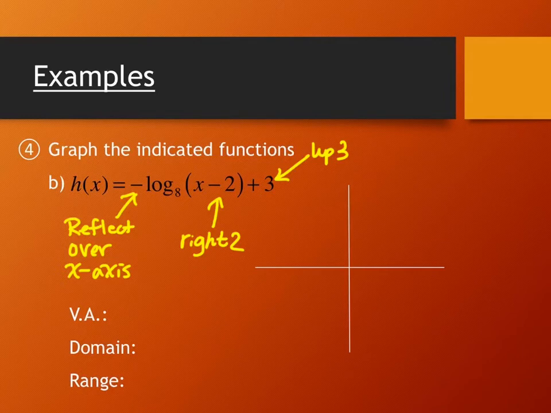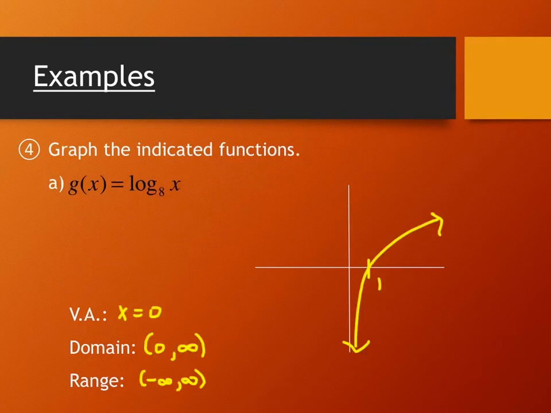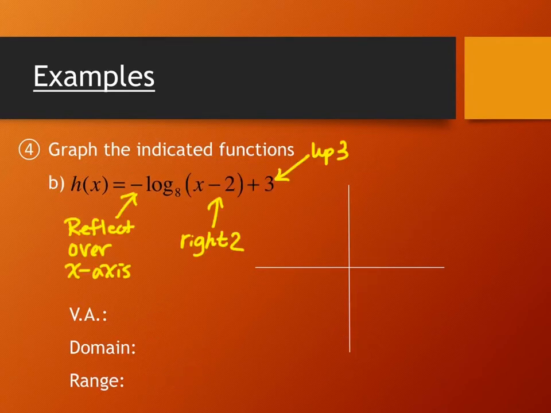If I were to take this graph and shift it right 2, it would also shift the asymptote, correct? Where would my new asymptote be? At x equals 2. And in fact, I can write that down even as I draw it. My asymptote will be at x equals 2. So I'm going to draw a vertical line in here at x equals 2. And there's my vertical asymptote.